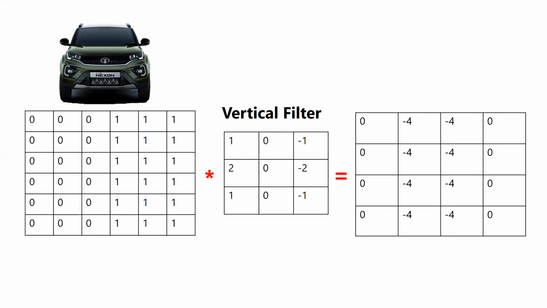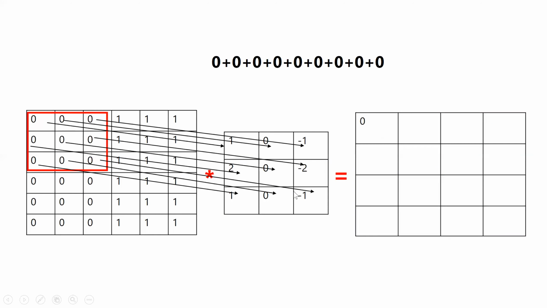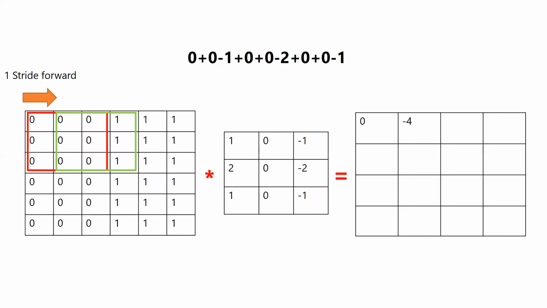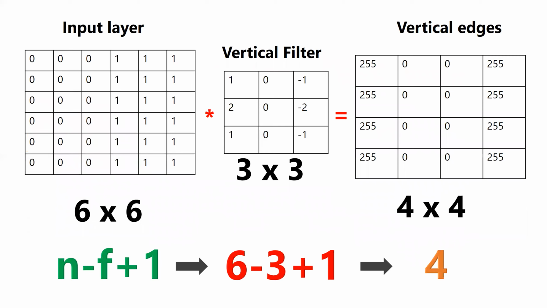So normally the vertical filter is used to identify the vertical edges by multiplying with the input images, right? For the horizontal filter we will just transpose this, and we will find the horizontal filter. So at the end, the use of the vertical filter is to find the vertical edges. Okay, I hope you understand why we are using this technique, which is min max scaler.